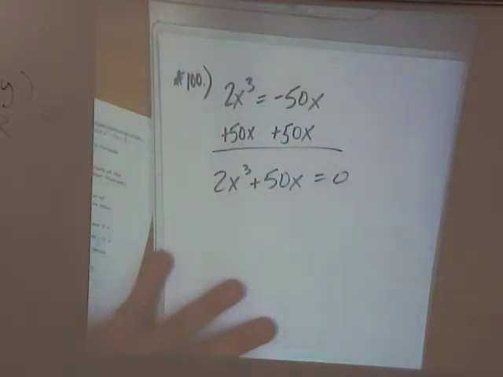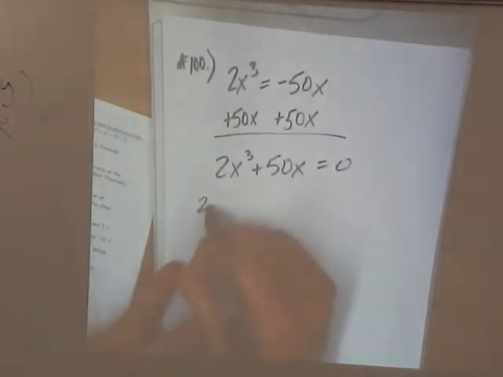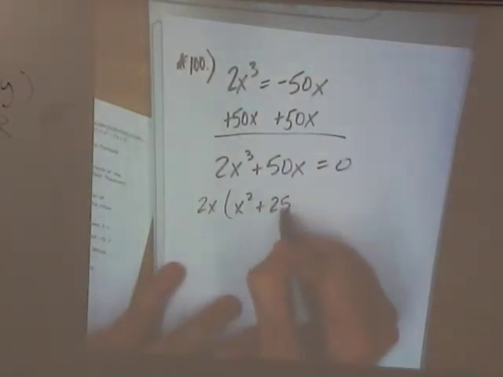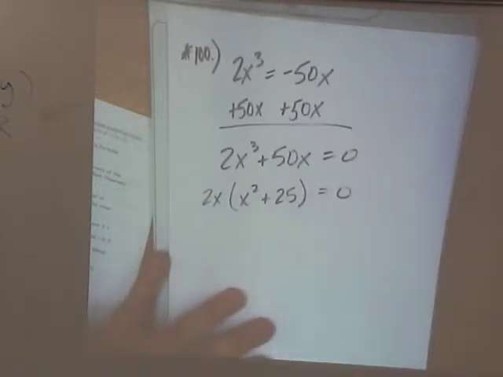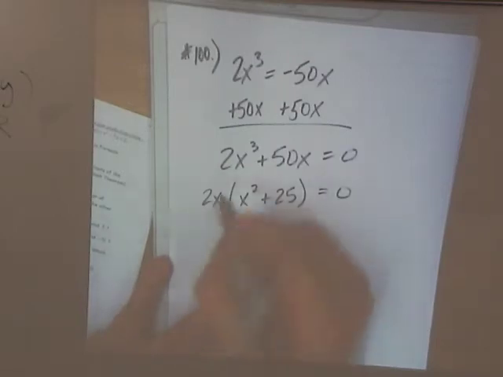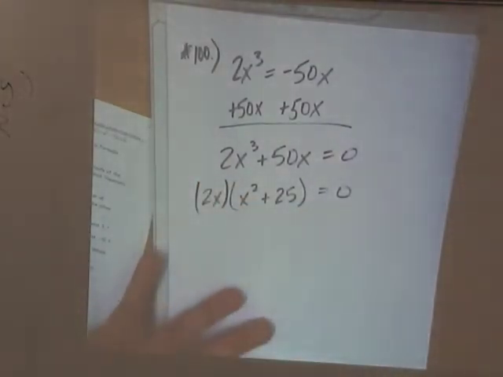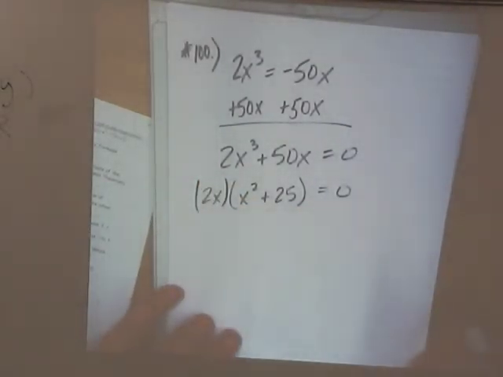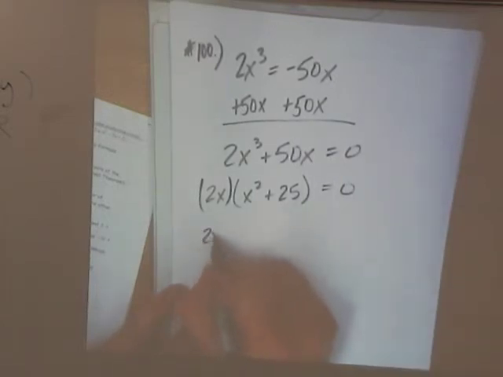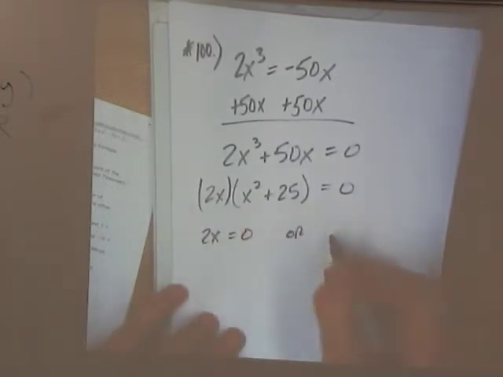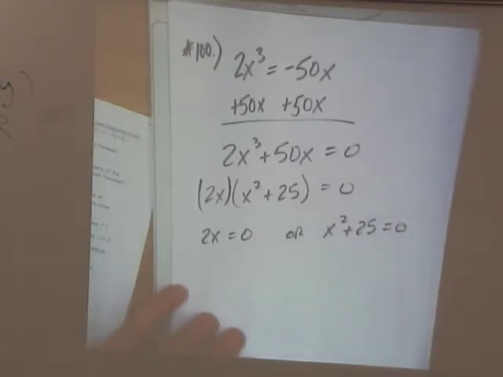Is there a GCF I can pull out? 2x. And that'll leave x squared plus 25. Alright, so once again, I'm multiplying two values and it equals 0. So one of them's got to be 0. Either 2x has to equal 0, or x squared plus 25 has to equal 0.